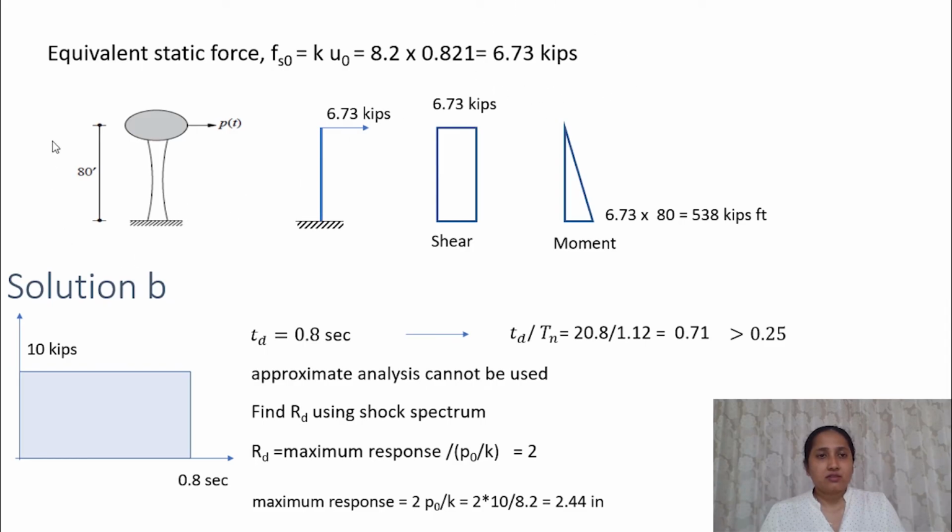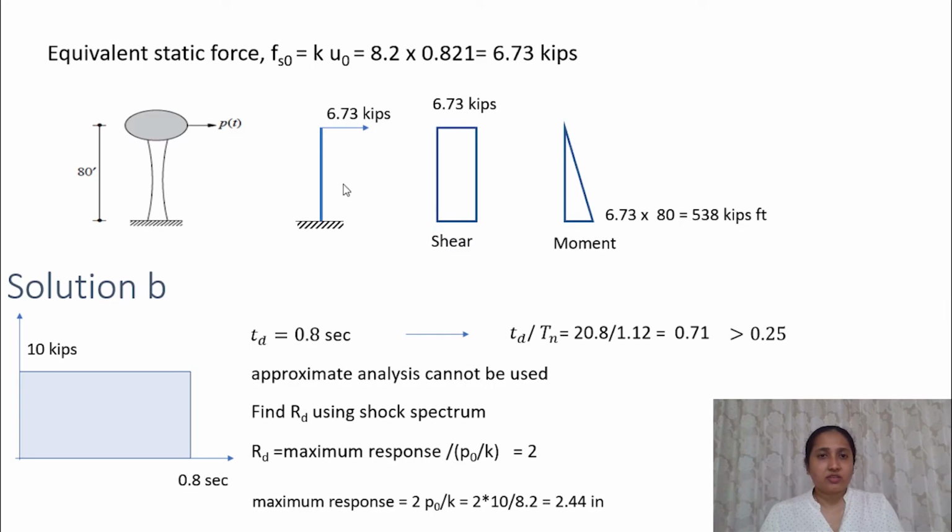This system is equivalent to a vertical cantilever. That is, this supporting system is like a vertical cantilever, and an equivalent force of 6.73 kips is acting here. So we can find the shear force diagram of this. This shear will be constant throughout this section, so the base shear is also equal to 6.73 kips.